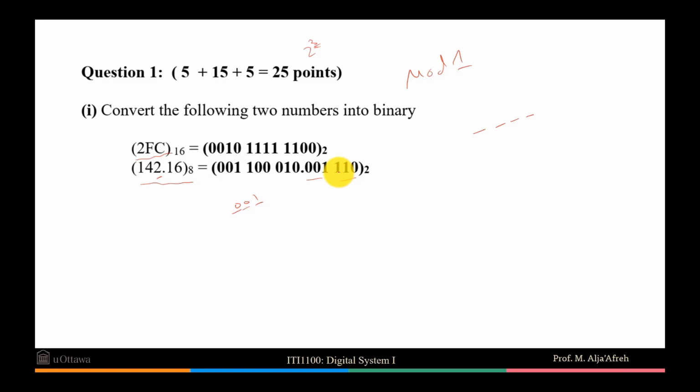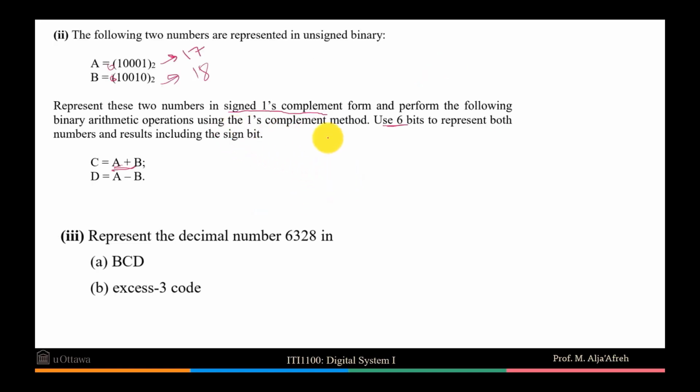Now, this kind of question is something similar to what was given in the midterm 2019, and actually it's much simpler than my question. Basically, you have two numbers, A is 10001 and B is 10010. If we convert them, this is 17 in decimal and 18 in decimal.